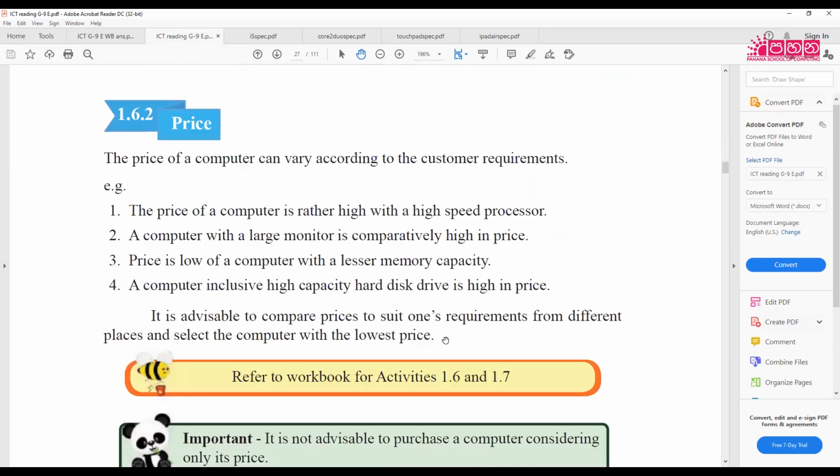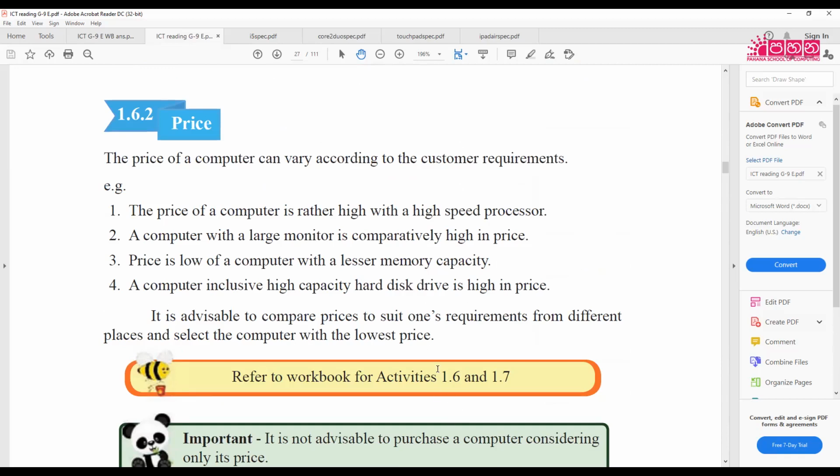Next one is price, right? You have to pay more for a high speed computer. If you have a large monitor, you have to pay a lot. So depending on your requirement, you have to consider price as well.